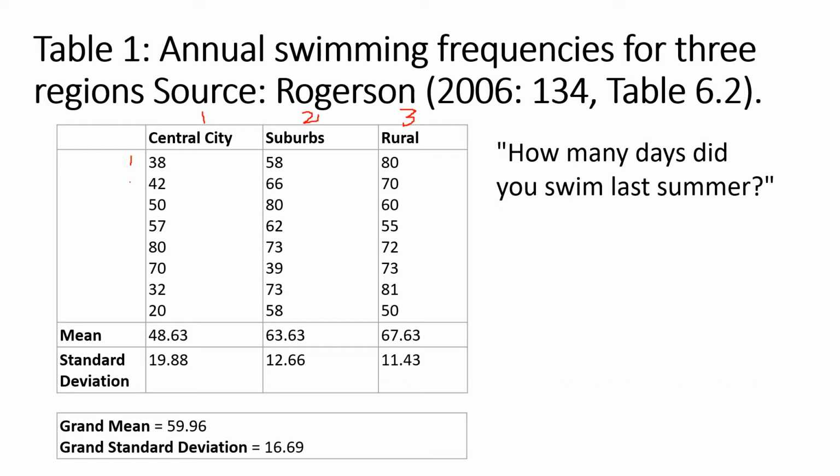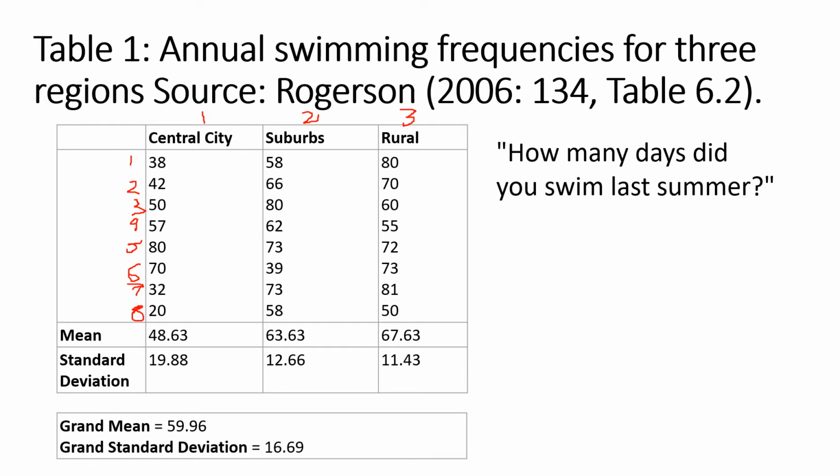So we've got 1, 2, 3, 4, 5, 6, 7, 8, right? Okay. So all together, we've got 24 observations when we pool these 3 groups together.